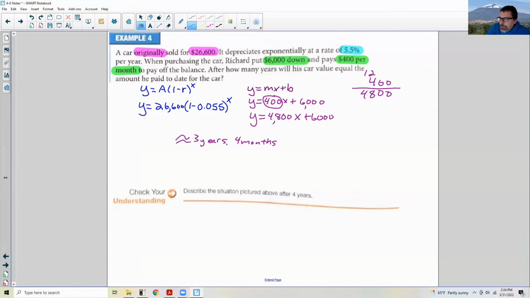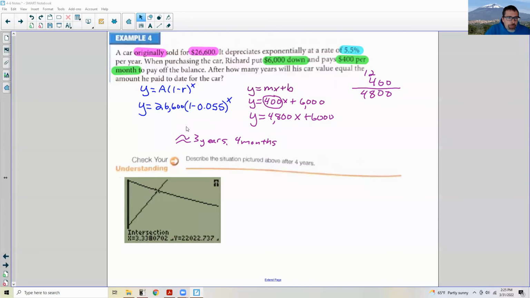Okay. All right, now the check your understanding says, describe the situation pictured above after 4 years. So what they're saying is, if I were here or here or here, as the years go by, you are paying more and more and more, and the value of the car is going down.